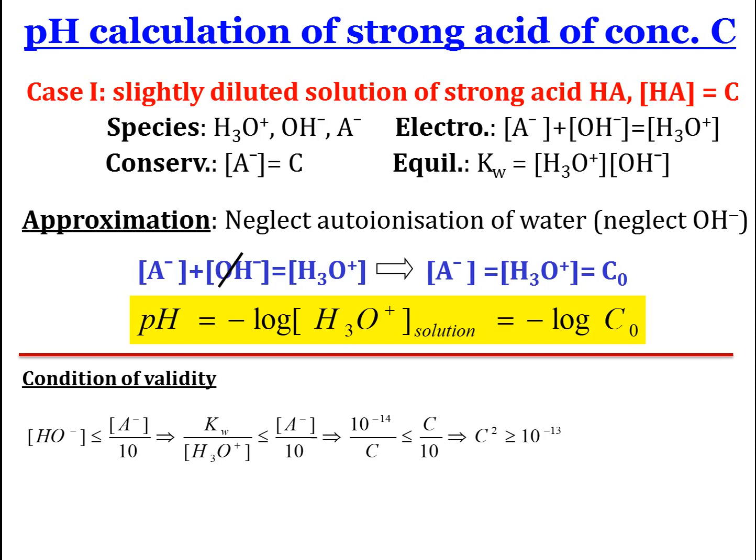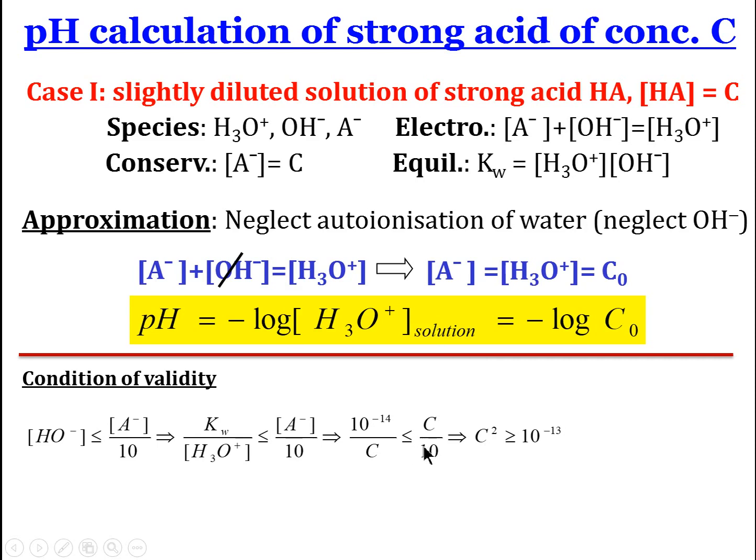I said that H3O+ in the solution has two sources: the dissociation of the strong acid HA, which gives concentration C, and the autoionization that provides H3O+, but we neglect the autoionization. So [H3O+] in the solution is equal to C.